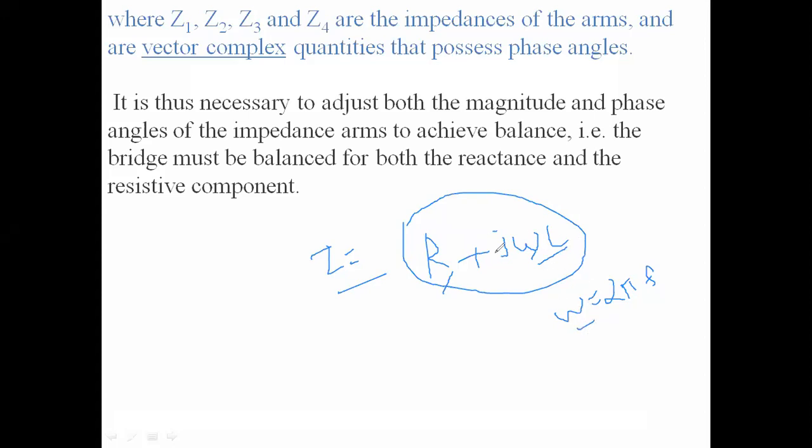Omega increasing means the Z value increases. So when the frequency of the input signal increases, the opposition offered by that particular component, an inductor or capacitor, will increase. So it offers more opposition to the input signal. That opposition depends upon the omega value. Omega corresponds to frequency; here it is angular frequency.